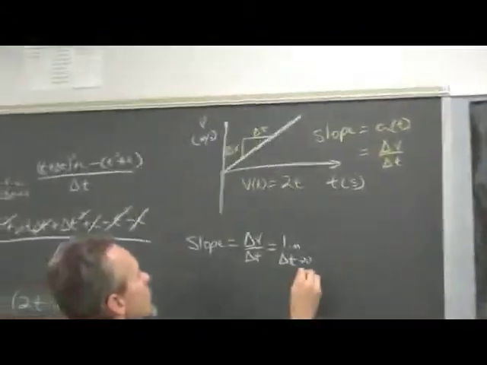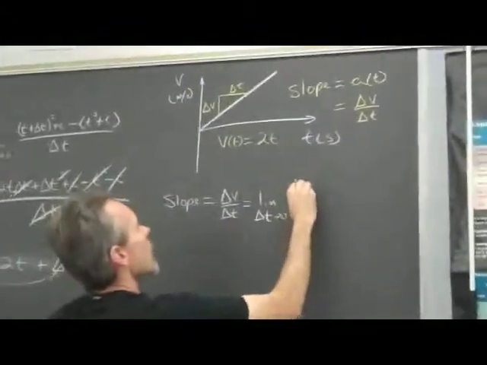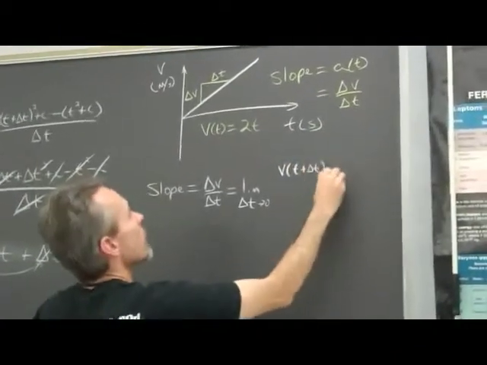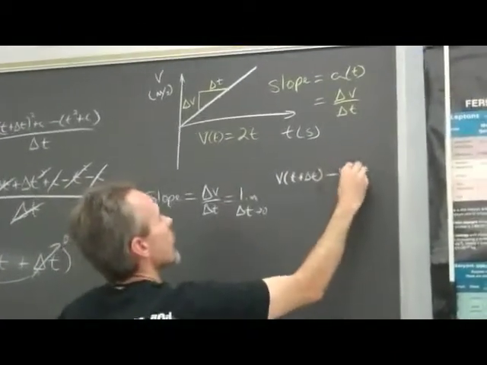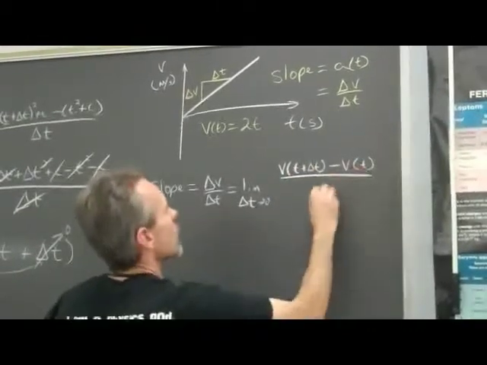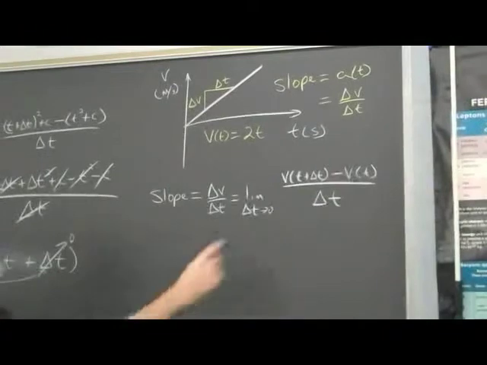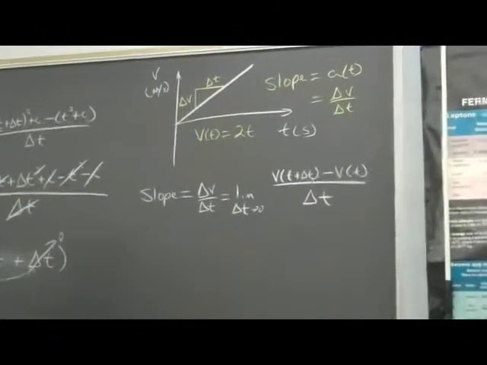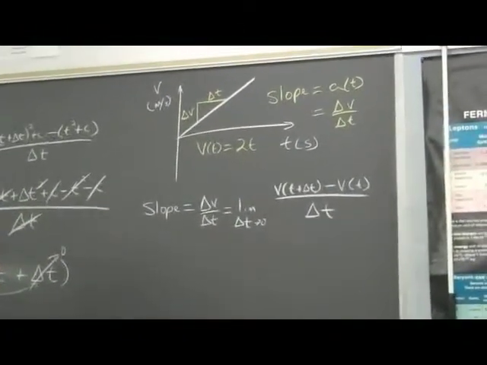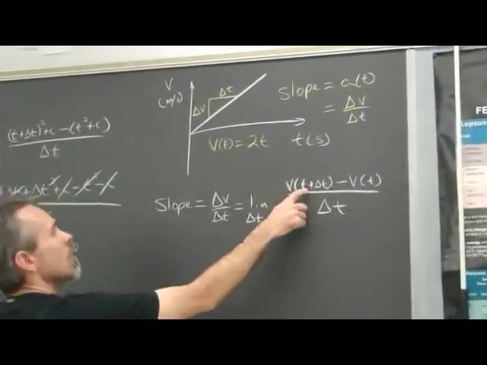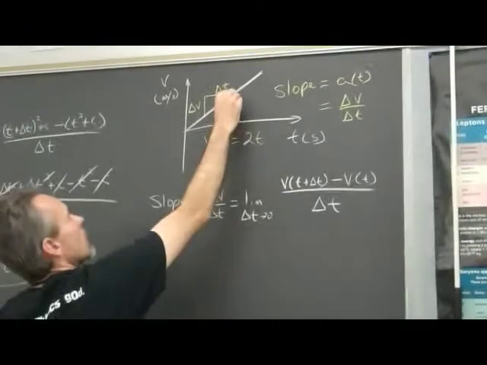Okay, so for this, we would want to know what the velocity at t plus delta t is, and subtract the velocity at just t, divided by delta t. Again, we have this problem of dividing by delta t, which is going to give us undefined when we take delta t to 0. But let's go ahead and plug in what the velocity at t plus delta t would be.